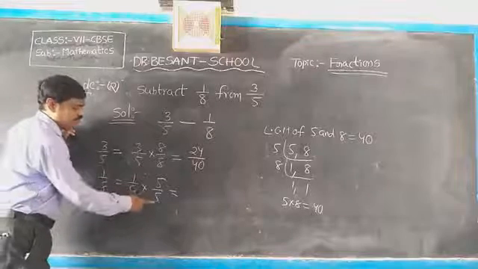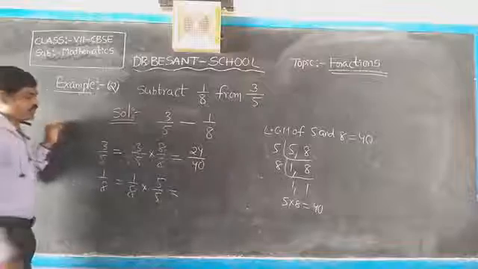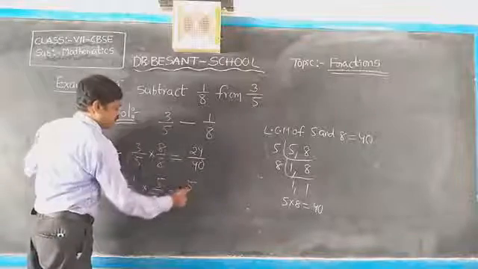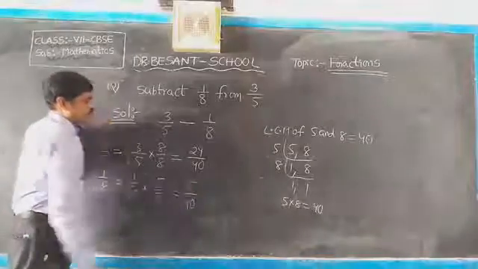So 8 5s are 40. That's why multiply 1 by 8 and 5 by 5. So 1 5s are 5, 8 5s are 40.